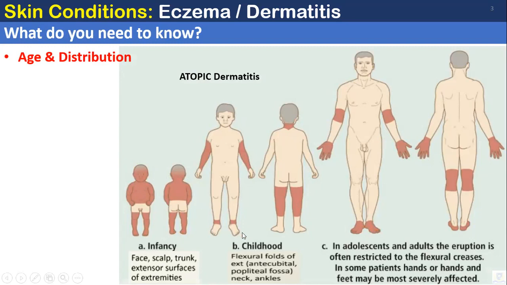In childhood, the sites involved are fewer, including only the flexural folds, popliteal fossa, neck, and ankle. In adolescents and adults, the eruption is restricted to the flexural creases, and the hands and feet are most severely affected. With age, the percentage of body affected by atopic dermatitis is reduced.